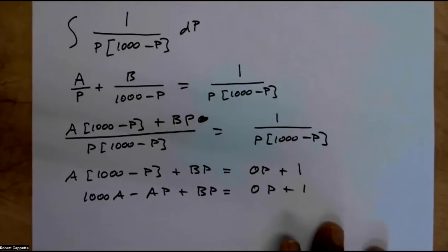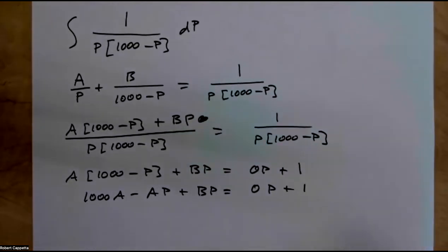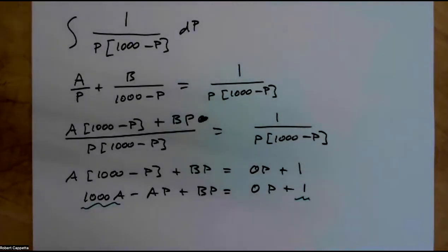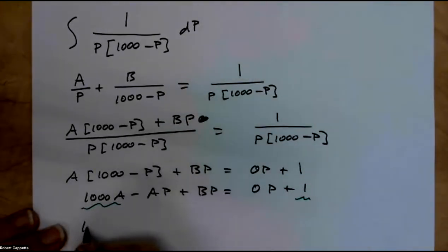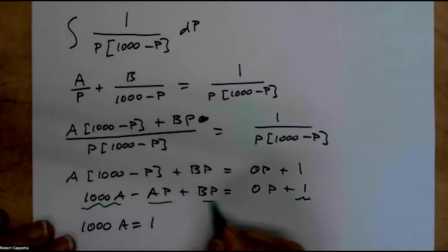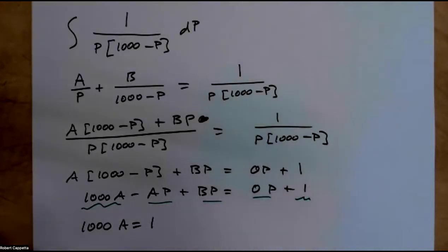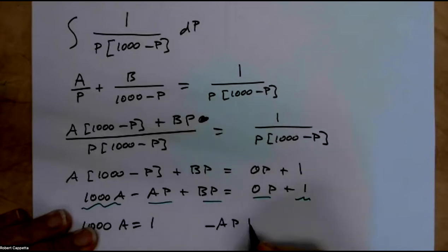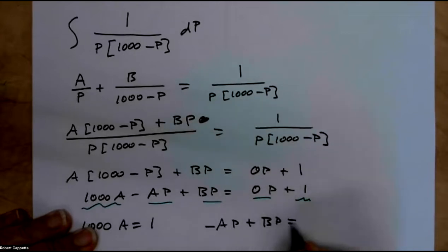That will enable you to solve those equations. So as far as the 1 part, 1,000A has to equal 1. So we'll write that down. 1,000A is 1. And then negative AP plus BP has to equal 0P.